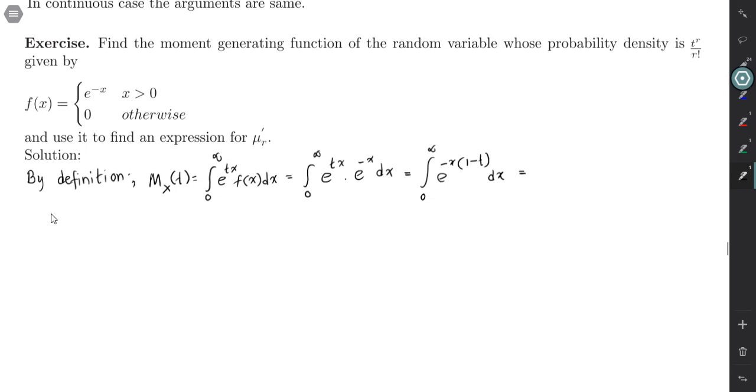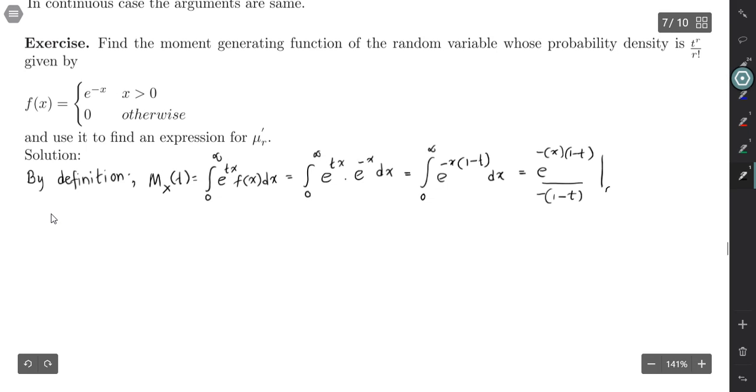If we solve this integration, the antiderivative is e to the negative x times 1 minus t, divided by negative 1 minus t. Evaluate this from 0 to infinity. We'll take the negative 1 minus t outside as a constant.